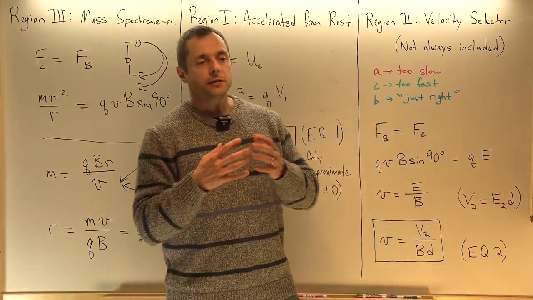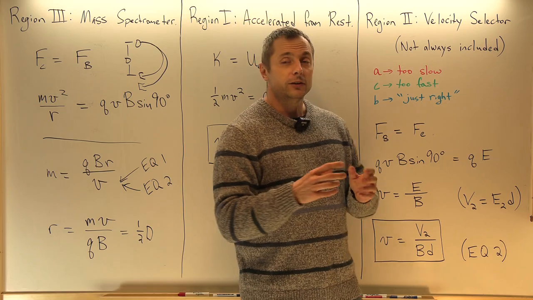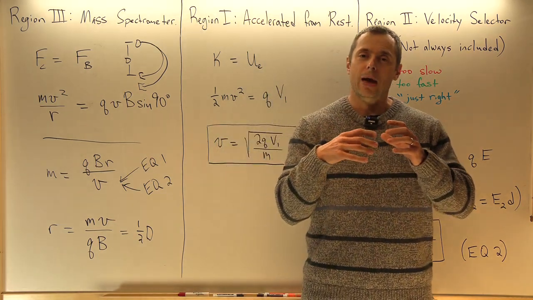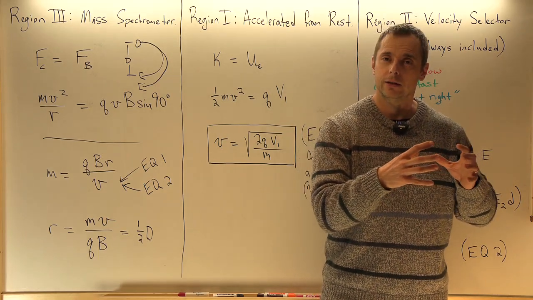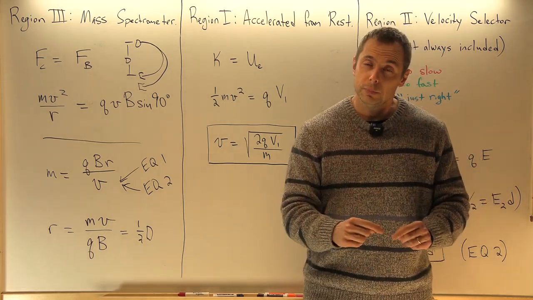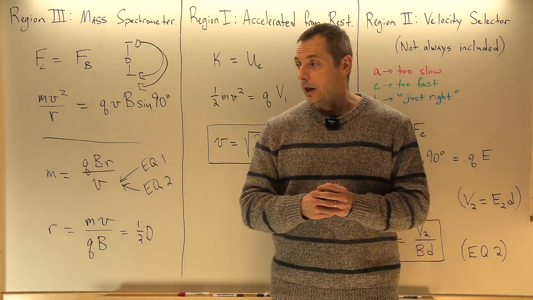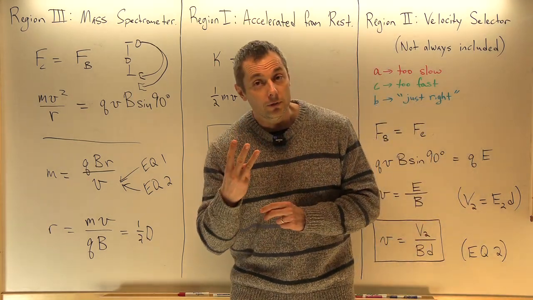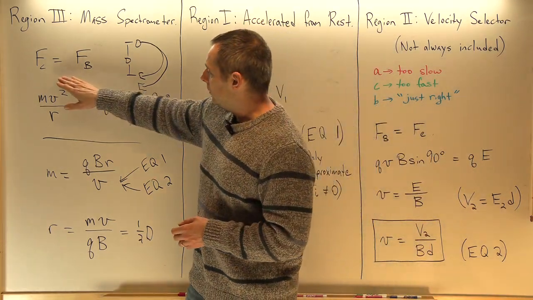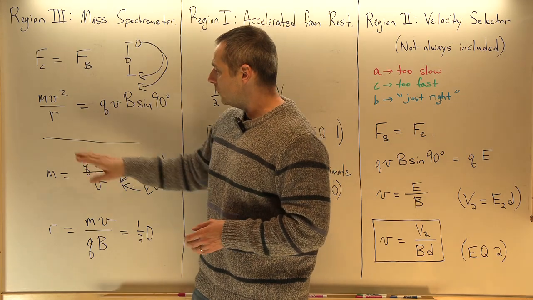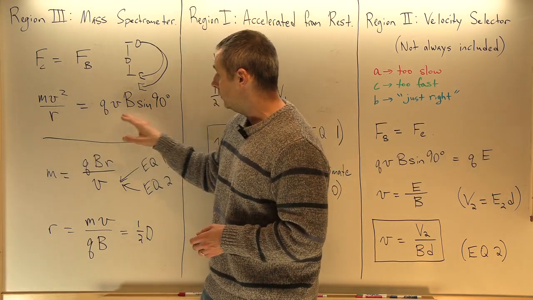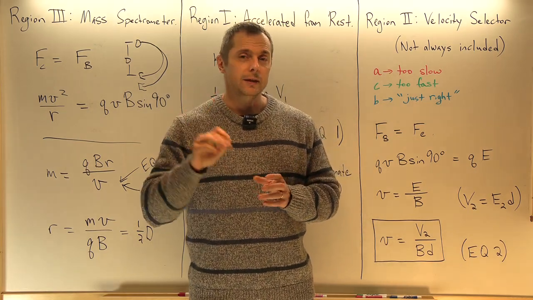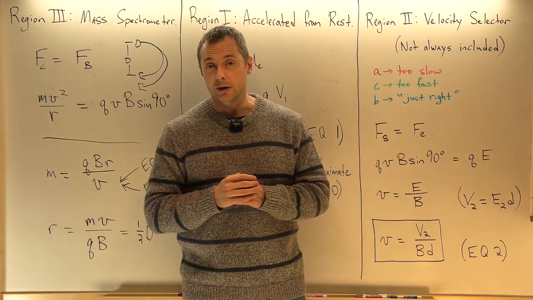The second region, velocity selector: the electrical force QE equals the magnetic force QVB sine 90, and you solve for the speed that you're selecting in that second region. And then the third region, the centripetal force is the magnetic force. In other words, mv squared over r equals QVB sine theta. Those are the three big things you need to remember about a mass spectrometer.